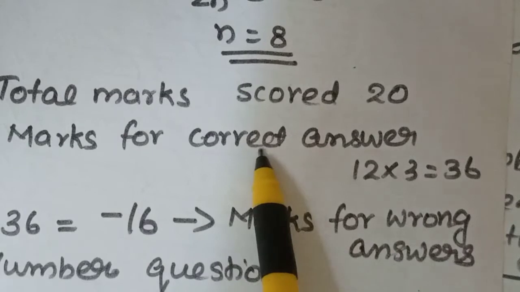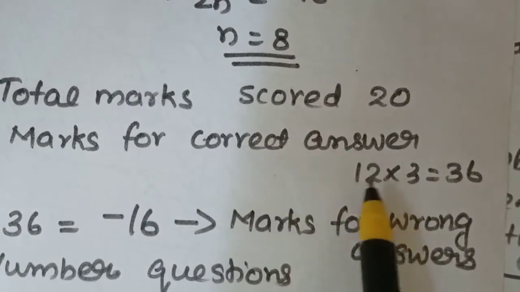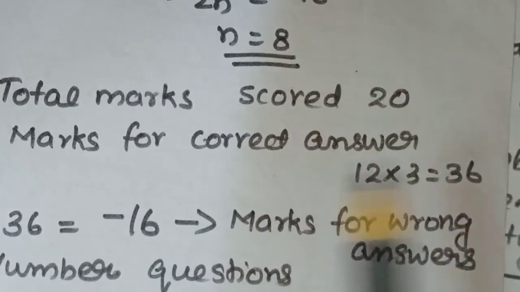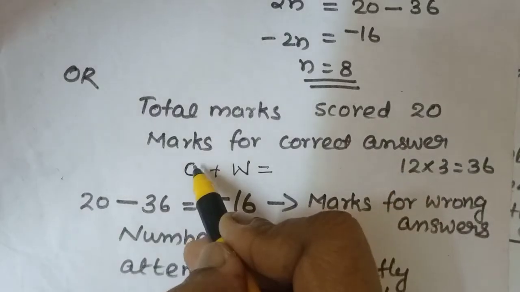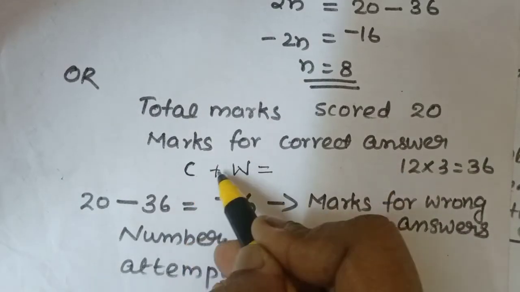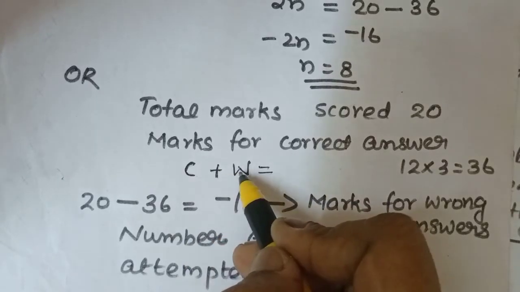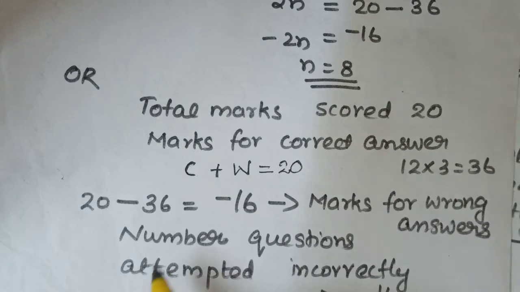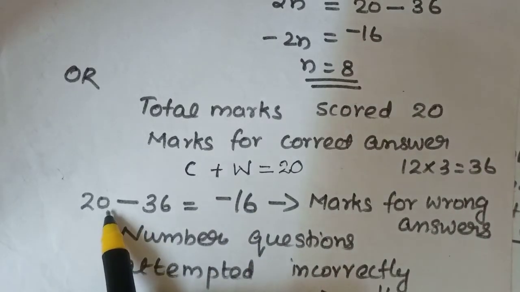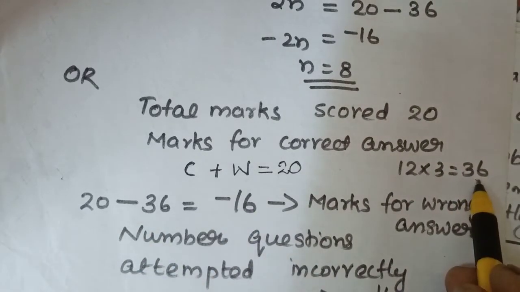Total marks for correct answers, she got 12 into 3, 36. It is given that her score is 20. That is, score for correct answers plus score for wrong answers is 20. 36 is the score for correct answers.